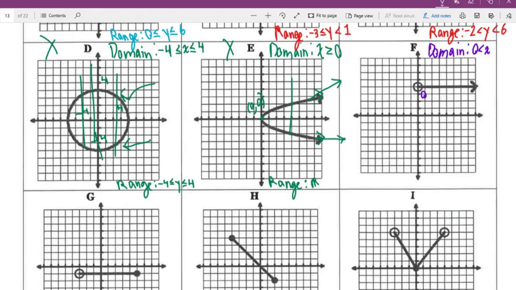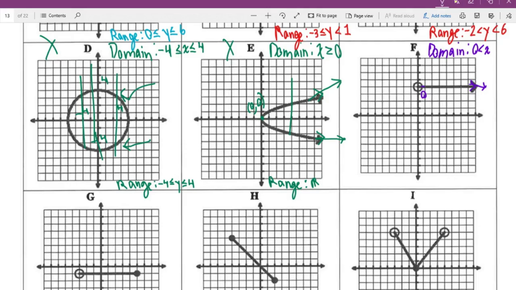So we see that this arrow means that this graph goes on forever, right? It keeps going on, not including 0, but any point beyond 0, for the x's. So to show that, we have to put that x is greater than 0.